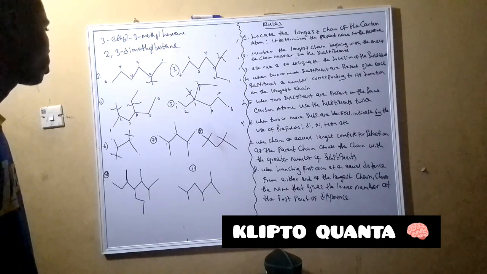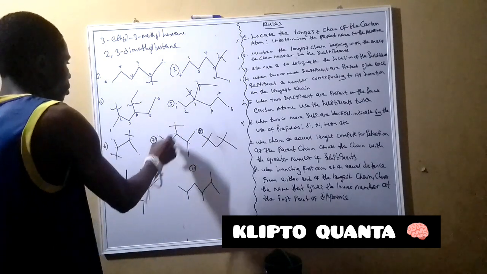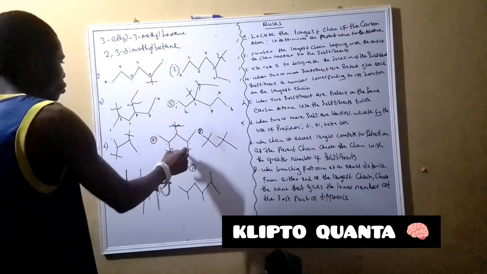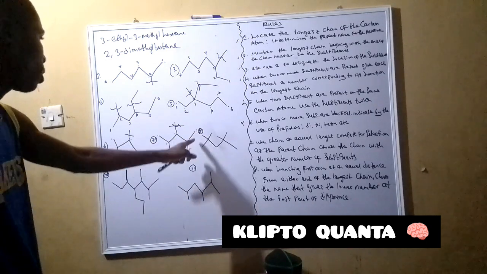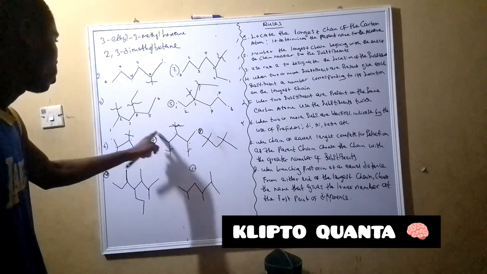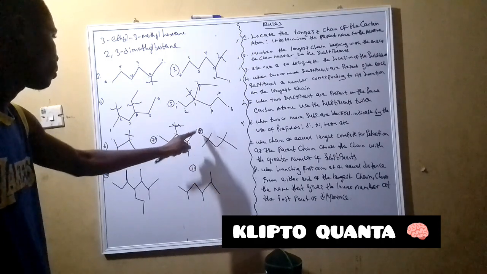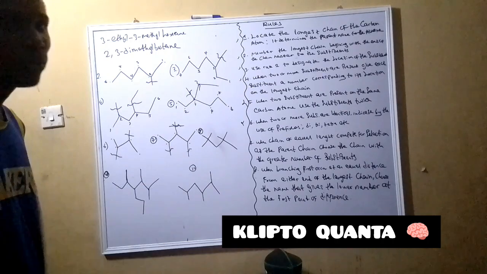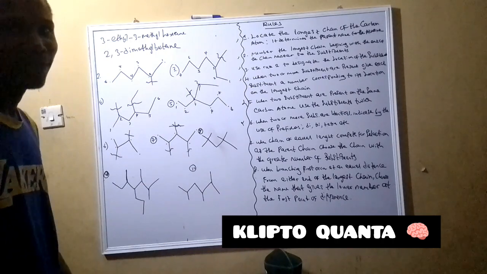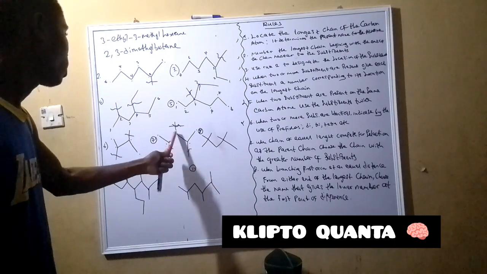These are all methyl, right? So you have this substituent. Moving from 1 to here, I have 1, 2, 3, 4, 5. So anywhere I move through, it is still the same. So I have 1, 2, 3, 4, 5.